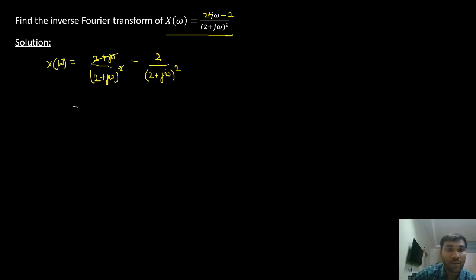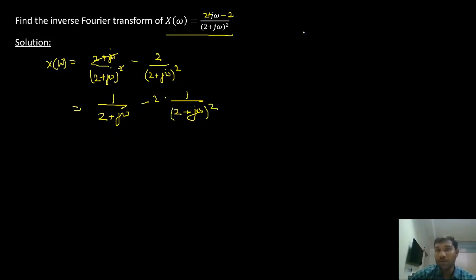So what am I left with? I am left with 1 by (2 plus j omega) minus 2 into 1 by (2 plus j omega) whole square, right?